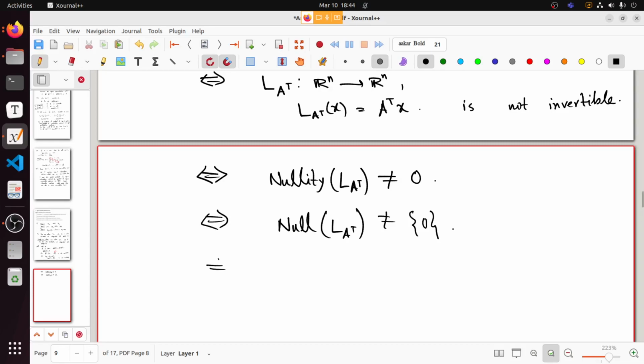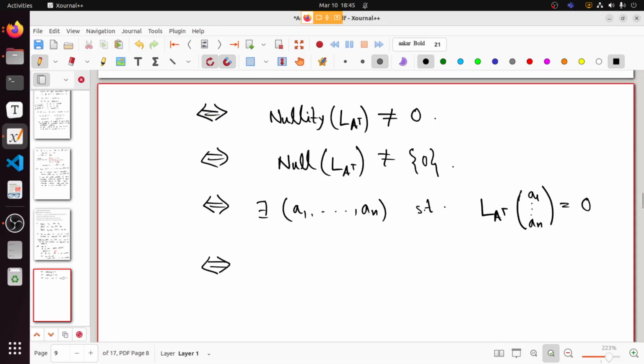So the null space being non-zero means there is a non-zero vector, which implies there exist scalars a1 up to an such that this vector is in the null space, and L of A transpose applied to the vector a1, ..., an takes it to the 0 vector.